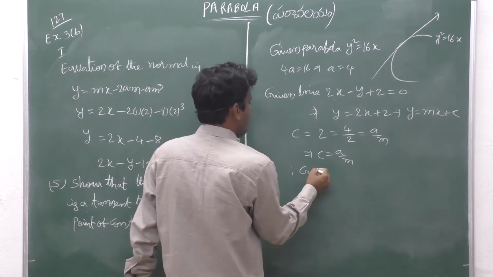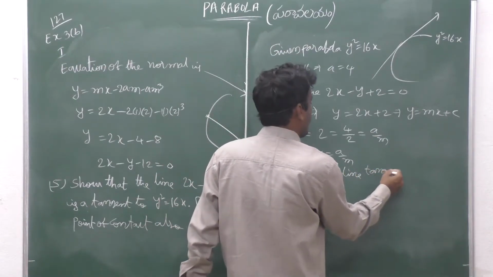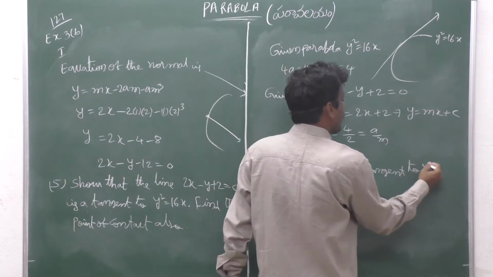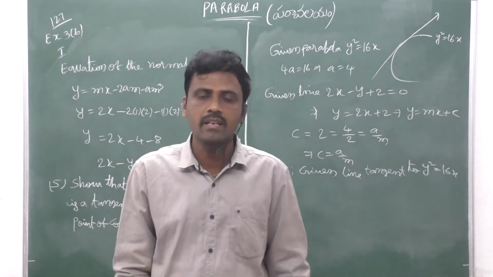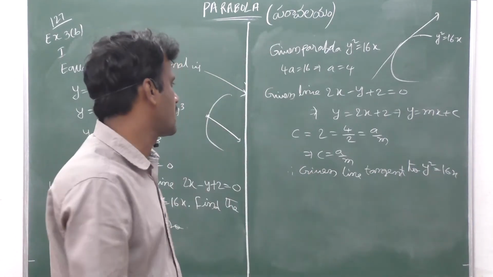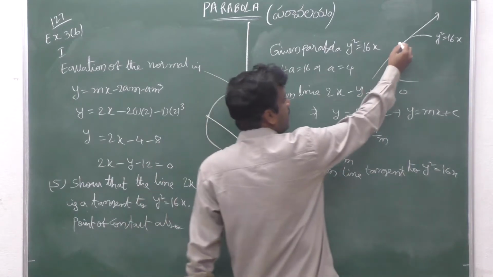Therefore the given line is tangent to y square equal to 16x. Next, the point of contact.